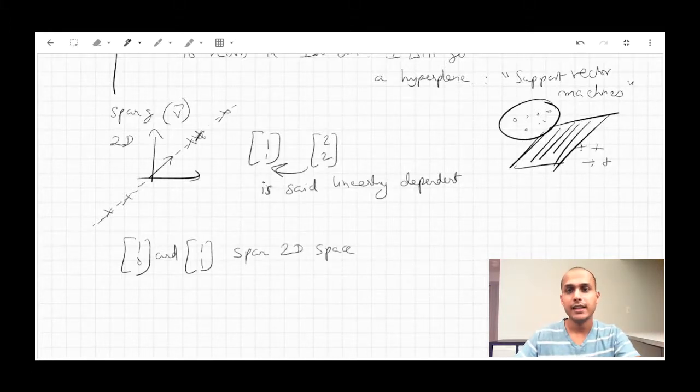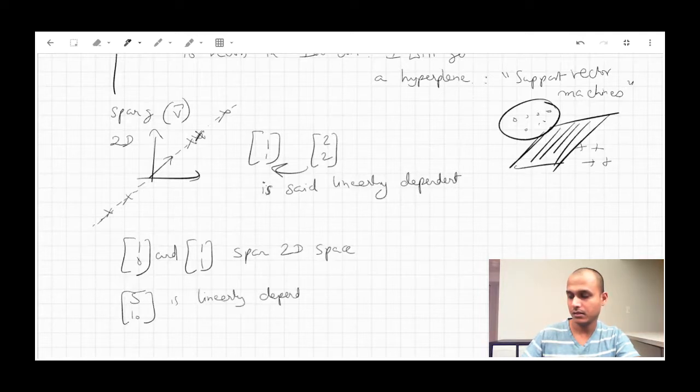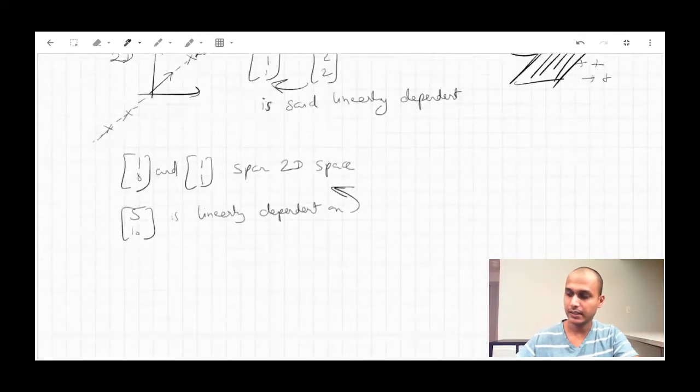So that means that any vector, for example, 5, comma 10 is linearly dependent on these two vectors. And what is the notion of linear independence? When a vector is not linearly dependent on some of the other vectors.